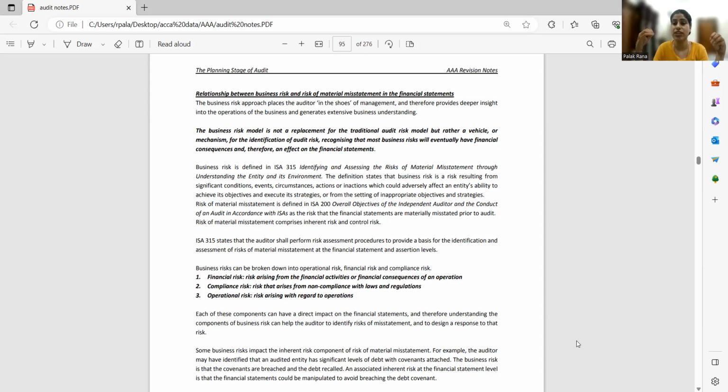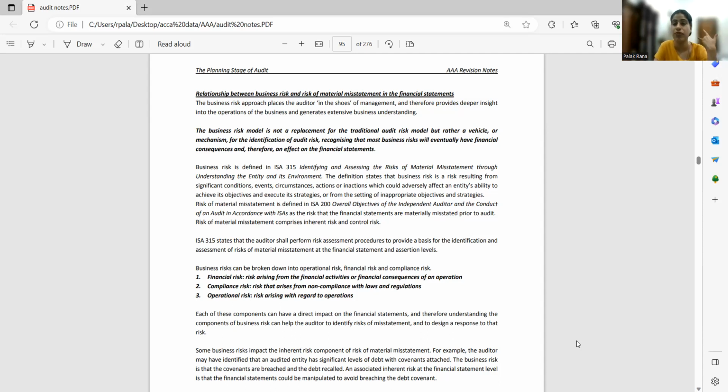You have to put yourself into the shoes of the management so that you can understand the industry very well: how that industry operates, in what circumstances that industry might be subject to some risks, in what scenarios the business is not working properly, and in what scenarios there is a chance of error in that specific business. So for attempting the question, you have to put yourself into the shoes of management.